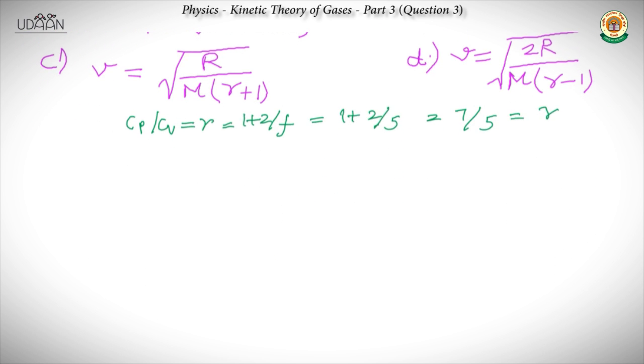When it was moved with a constant speed v, the internal energy with respect to only the thermodynamic motion remained. It got an additional kinetic energy with respect to its center of mass, which was given by half m v square. And when it is suddenly stopped, this energy is lost, it comes to 0.